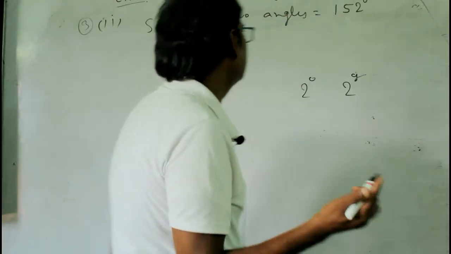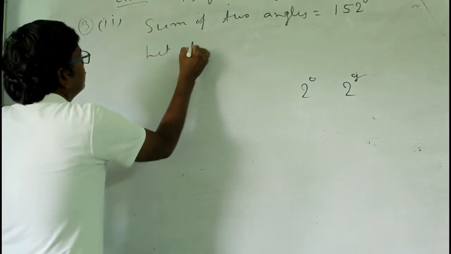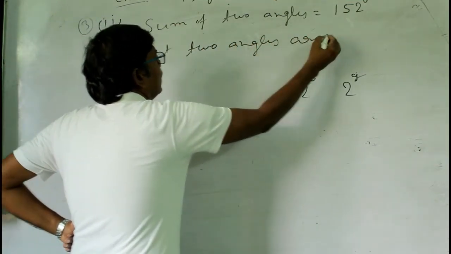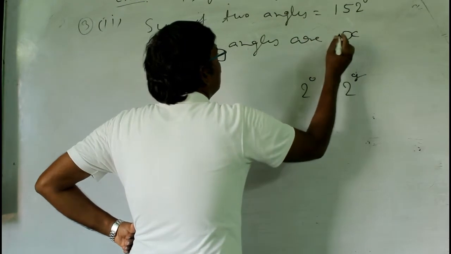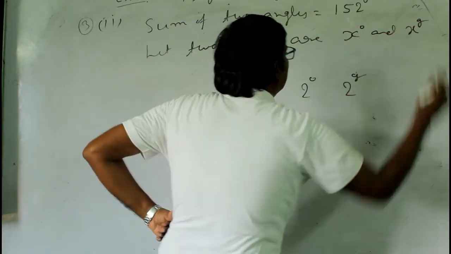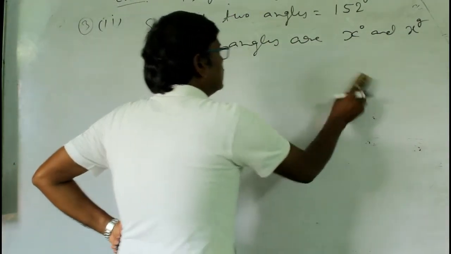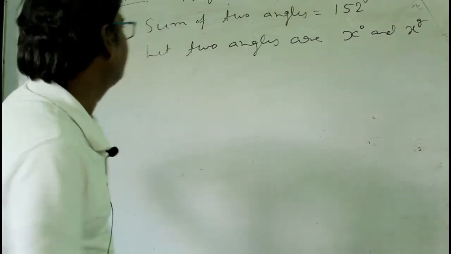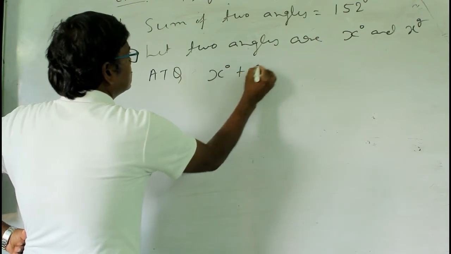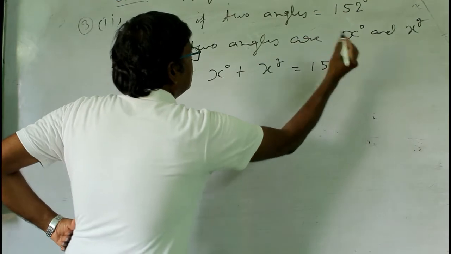So one part is in the degree and the other part is in the grades, but they are numerically equal. That is, suppose the two angles are x degree and x grade. And now the sum of these two is given 152 degree, and according to the question x degree plus x grade is equal to 152 degree.